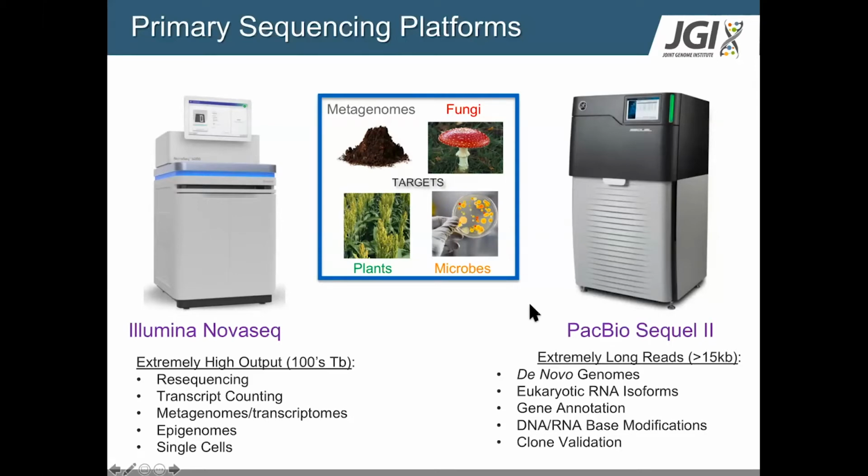And I just briefly said that PacBio in particular, we use for generating de novo genomes of isolates, both prokaryotic as well as fungal and plant genomes and such. And sometimes it's used in combination with Illumina-based sequencing. But we use the Illumina primarily for resequencing, generation of metagenomes, metatranscriptomes, and our single-cell sequencing.